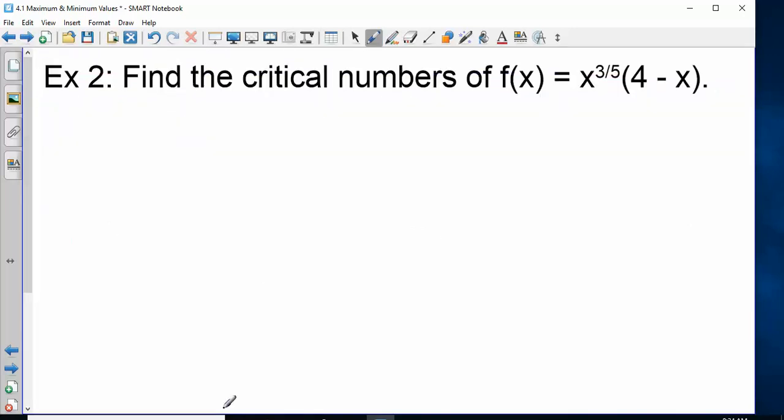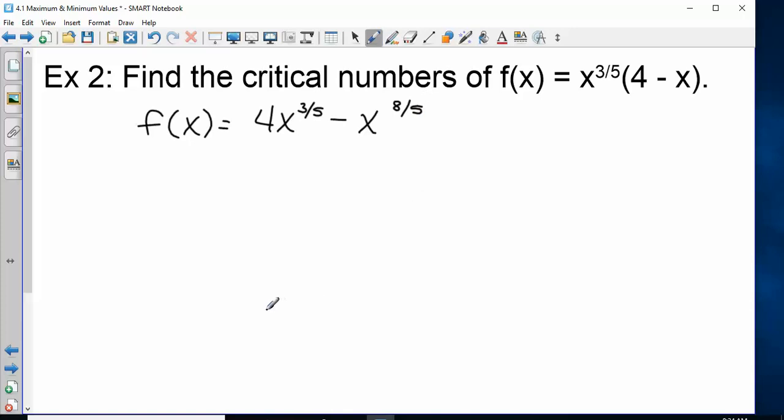So if I gave you this function, find the critical numbers. That means find anywhere the derivative is 0 or undefined. If I want to do the derivative right now, I'd have to do product rule. What might be a little bit easier? Multiply it through first. When you multiply, you add those exponents.